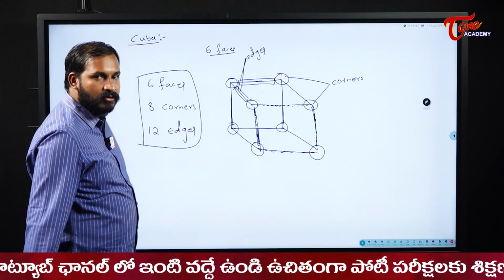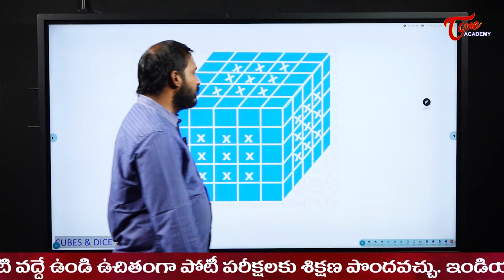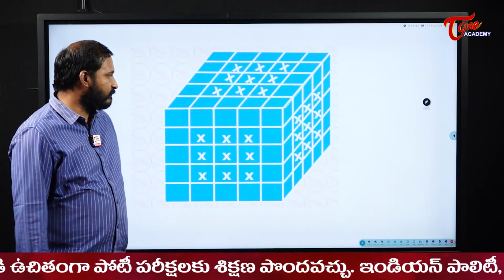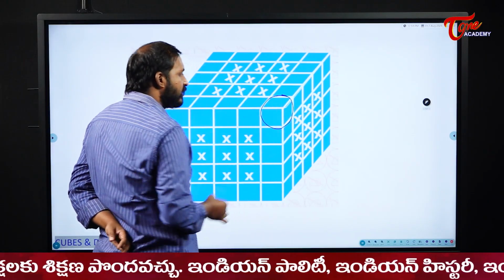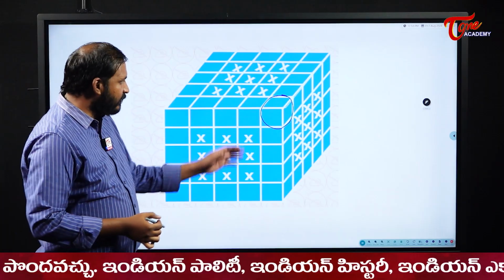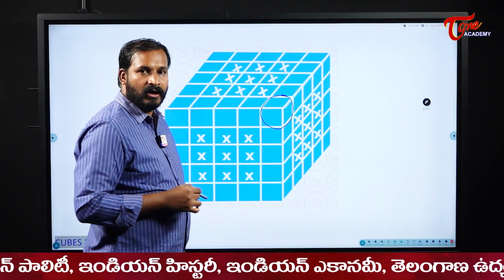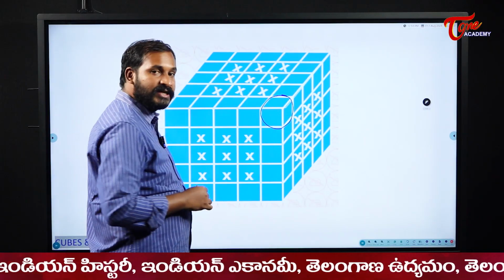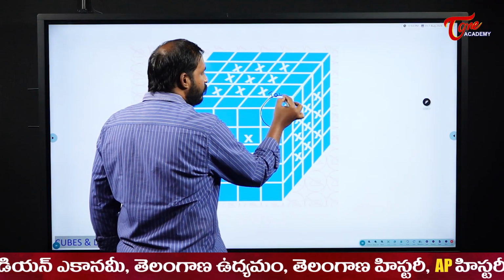Okay. Now what is the importance of these corners, edges and faces? Please see here, students. Please observe this one. What is this cube called? This is a corner cube. Earlier we have seen, right? Now tell me, this corner is shared between how many faces? It is shared by this top.